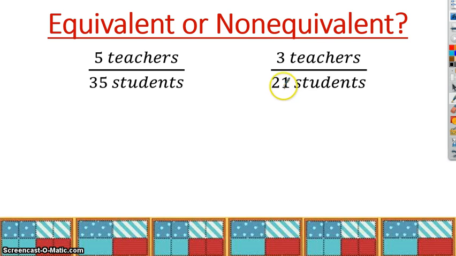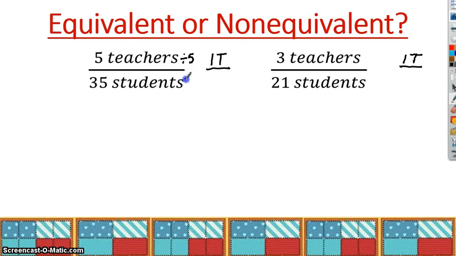What could we look at in terms of teachers and students that could be the same? I think it would be wise to look at how many students one teacher has. If we're going from 5 to 1, we are reducing the ratio. We will need to reduce it by 5. Split it into 5 groups.